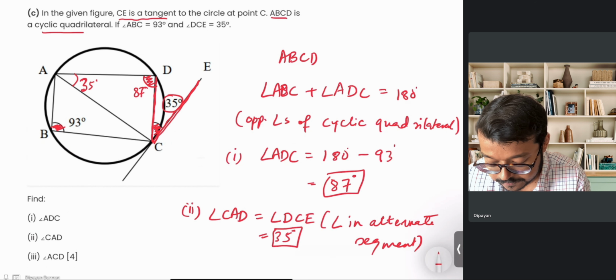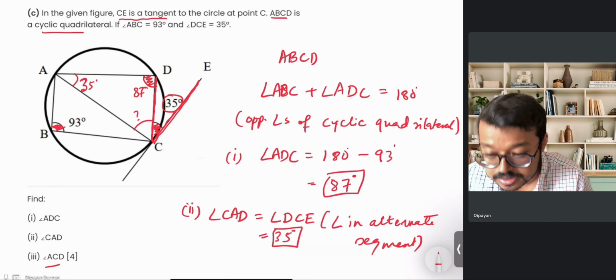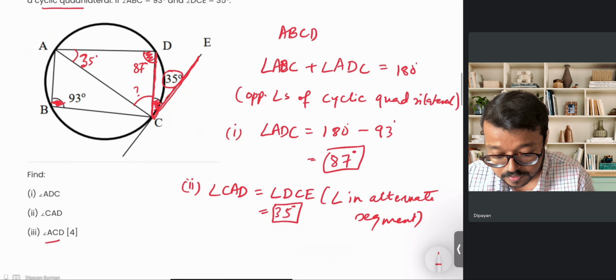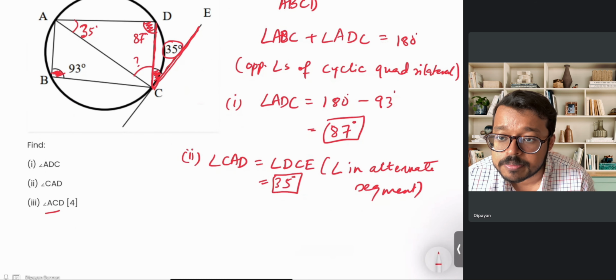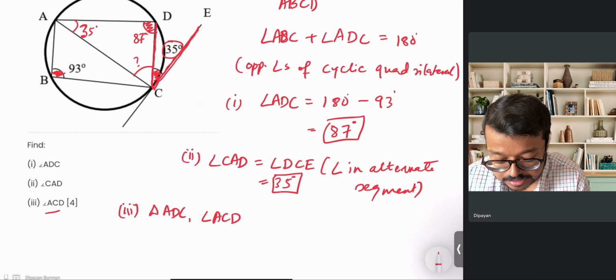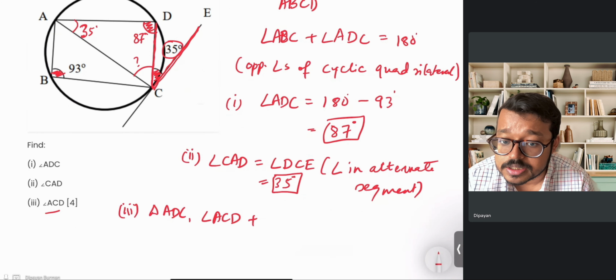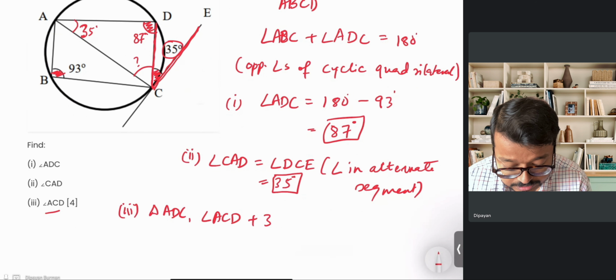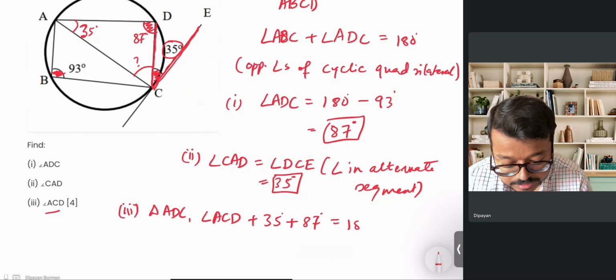Then the last is to find angle ACD. For that I can apply angle sum property in triangle ADC. So if I look at triangle ADC, I will say that angle ACD plus the sum of the other two angles, which is 35 degree plus 87 degree, is equal to 180 degree.